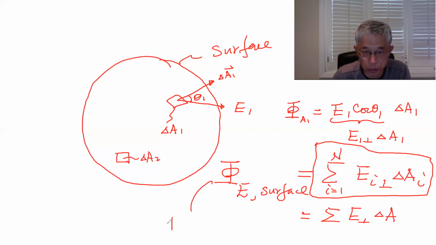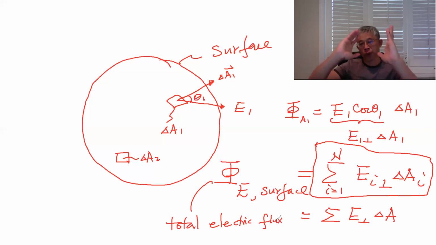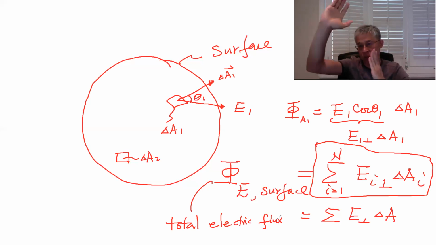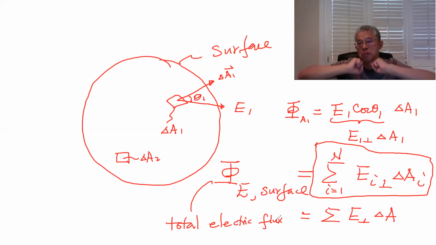It's the electric field and whatever projection is parallel to the area's direction. That's the so-called electric flux. It's like how much of this electricity is going out over this area. It's an electric field times area.